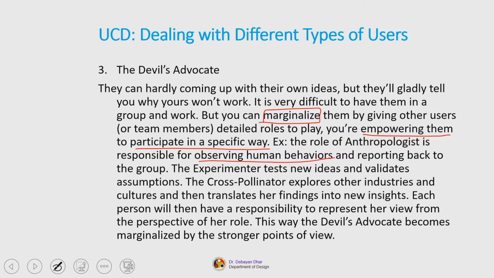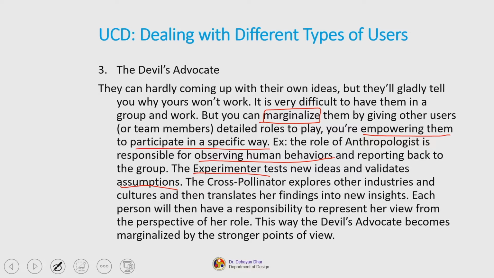There can be an experimenter who tests new ideas and validates assumptions, because it is all about the decisions that you have taken, whether these ideas will work or not. So, the experimenter in your group takes up that role and gets back with that data.